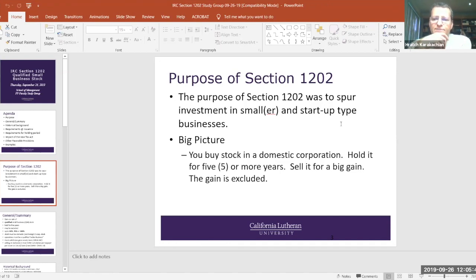This is the benefit that's provided under Section 1202. If you buy a stock in a domestic corporation, and if you hold it for 5 years, and then sell it at a gain, the gain is not taxable. Okay, let me repeat that. You have an investment in a corporation that has appreciated in value and you sell it for a gain, the gain is not taxable.